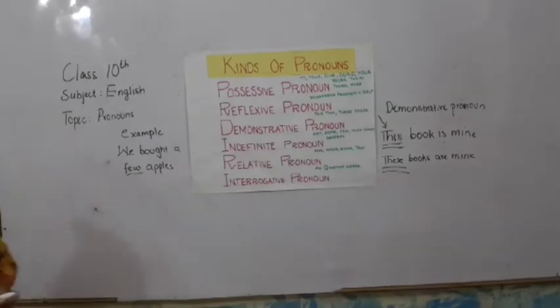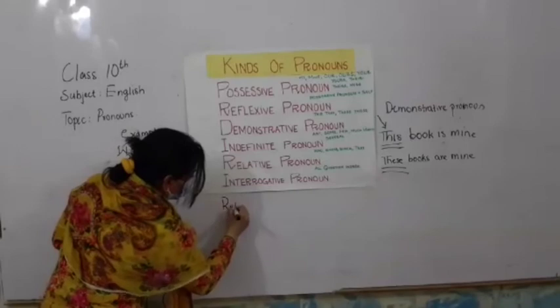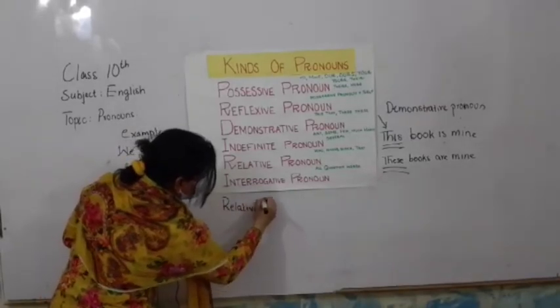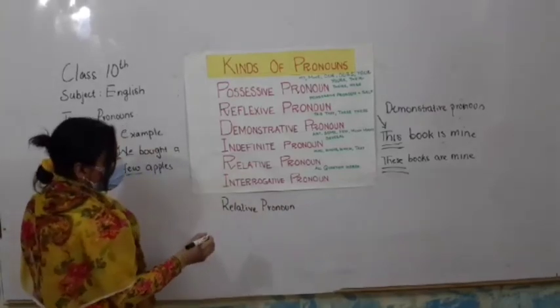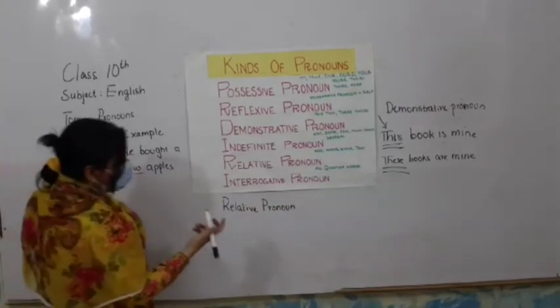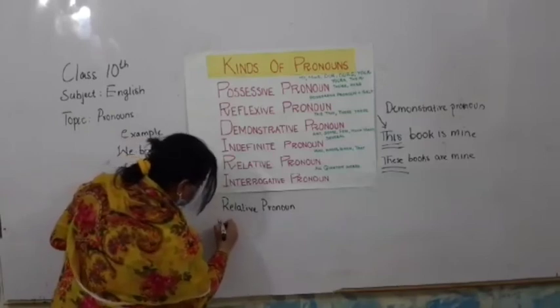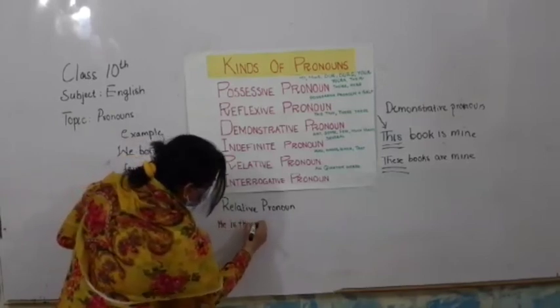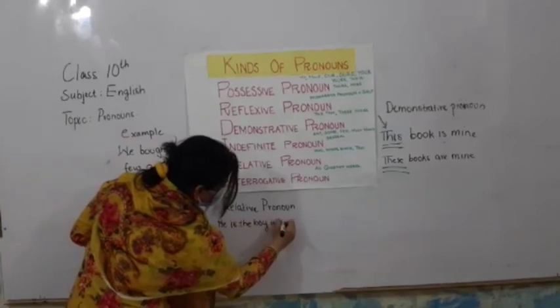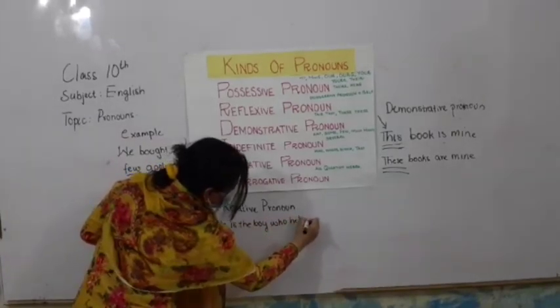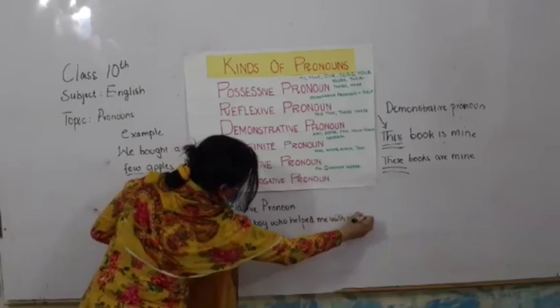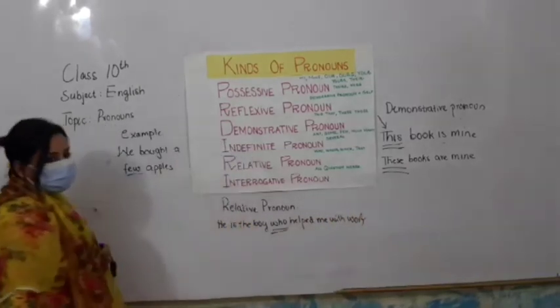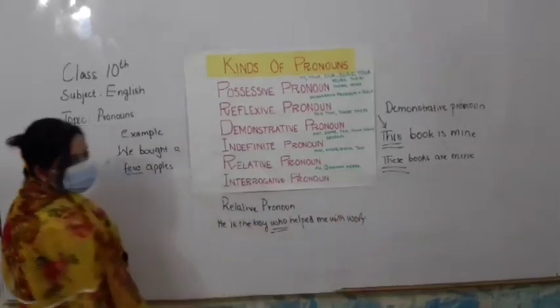He is the boy who helped me with my work. So, over here, who is the relative pronoun which has brought these two sentences together and made it one, without adding extra words.